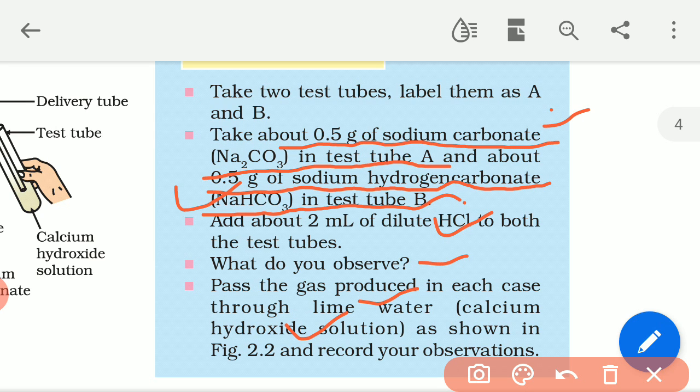Lime means calcium oxide, water means H2O. CaO plus H2O forms Ca(OH)2. This is known as calcium hydroxide, meaning lime water, as shown in the figure, and record the observation.